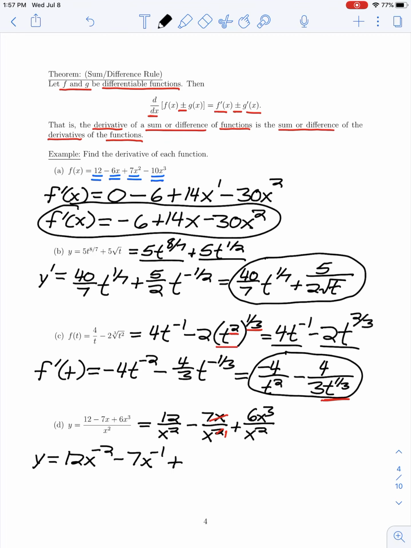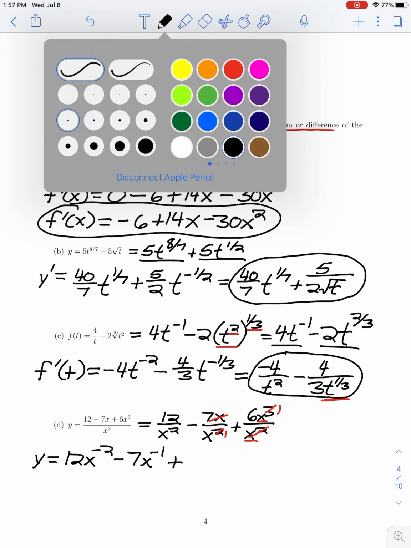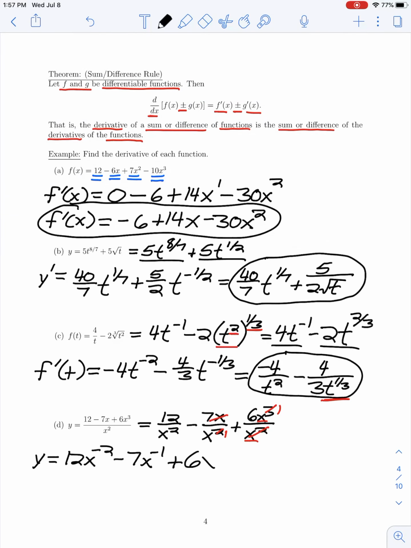And then plus, for my last term, I have x cubed divided by x squared. If I cancel 2 powers of x, that leaves me x to the first in the numerator. So I just have 6x. And now this looks like the examples that we've done in parts A through C.